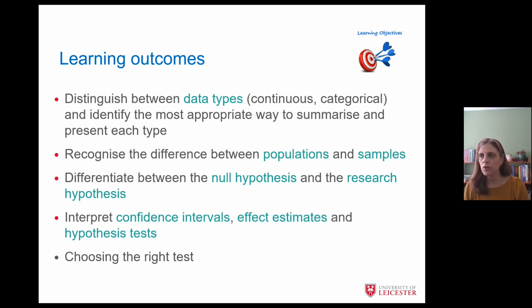I'm going to talk about interpreting confidence intervals, effect estimates, and hypotheses to test. And I'm also going to have a bit of an overview around choosing the right test depending on the type of data or the research question that you're asking. So they're the aims.